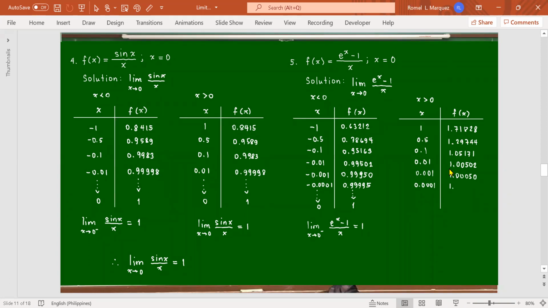Guys, shift ln, I mean, e to the 0.0001 minus 1 divided by 0.0001. So we get 1.000.